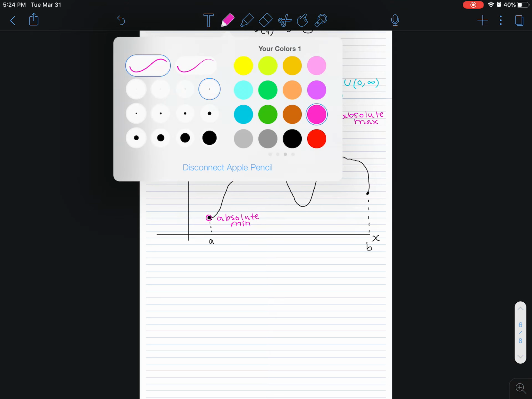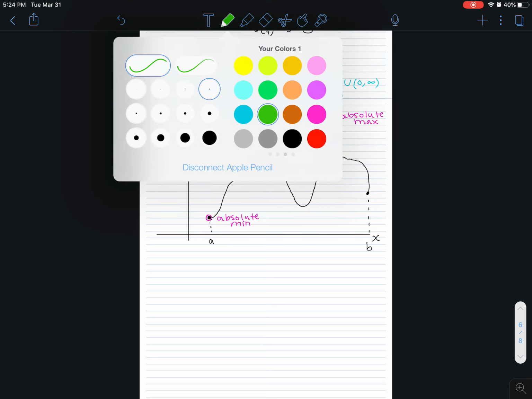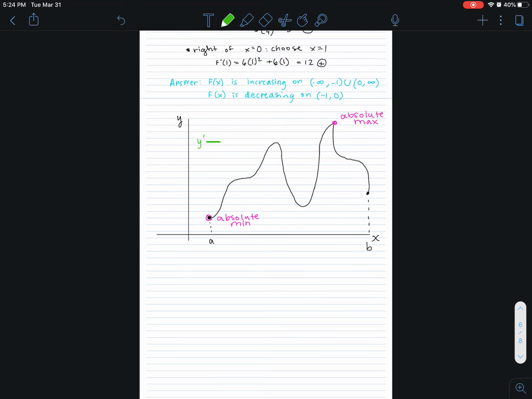And then we have a bunch of points where our slopes are equal to 0, which last time we said could indicate a possible local maximum or minimum. So I'm just going to draw the points where our slope is 0. We'll call this y prime, just so you guys know, as like a key. And I'm going to increase this so you can see it better.